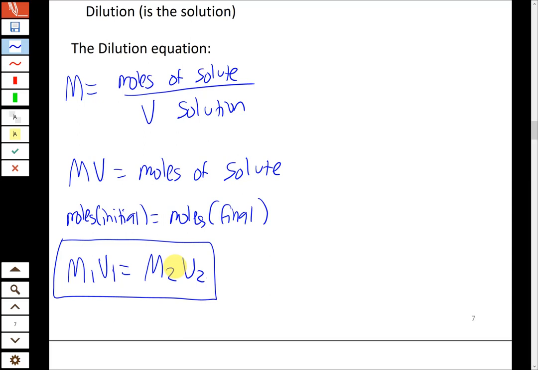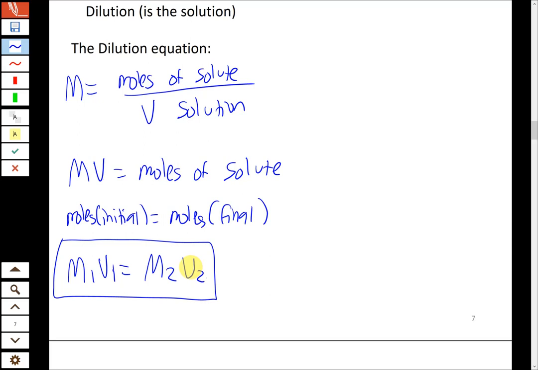The other thing that's important about the dilution equation is making sure you know when to use it. You only want to use this when you're doing a problem that involves dilution, which means you're taking a single dissolved compound, some solution, and you're adding solvent, changing the volume and changing the molarity. You don't want to use M1 V1 equals M2 V2 when we're doing stoichiometry, where we're reacting two things with each other.